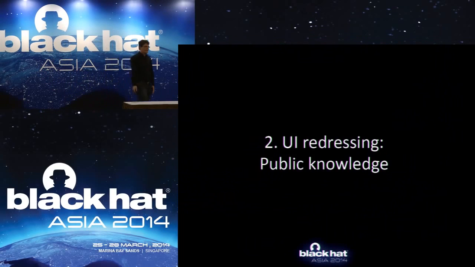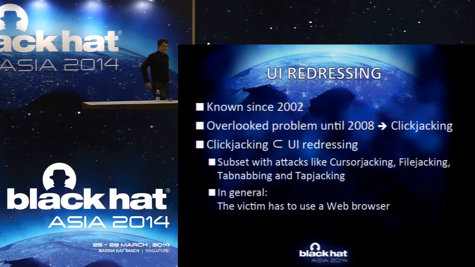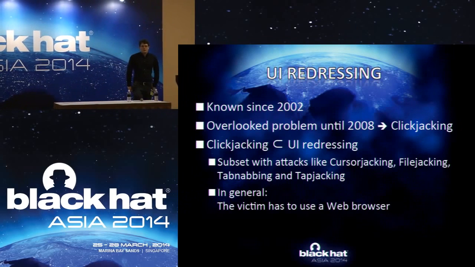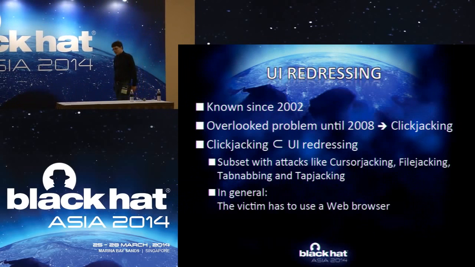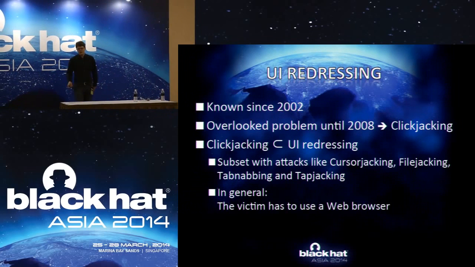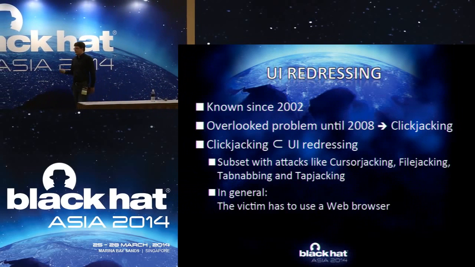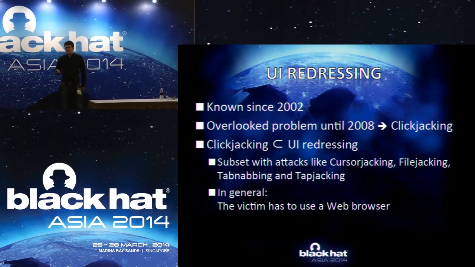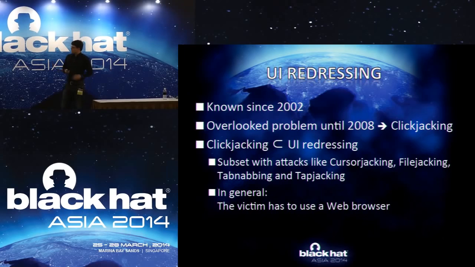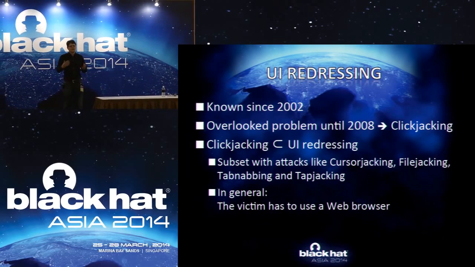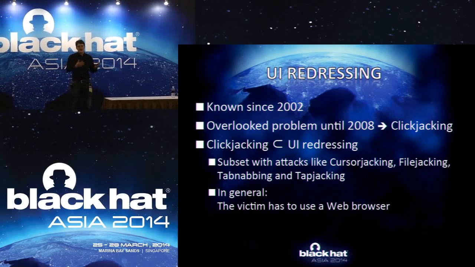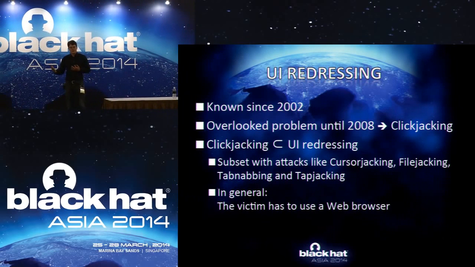So let's begin with the public knowledge part. UI redressing is a problem which is known since 2002. The background story is that Jesse Ruderman, a security researcher from the United States, published in the Mozilla Bug Tracker that it is possible to make elements transparent, or rather to make iframe backgrounds transparent.